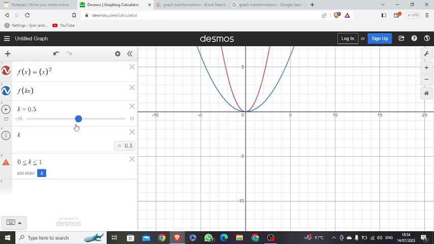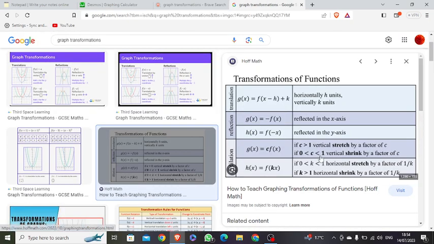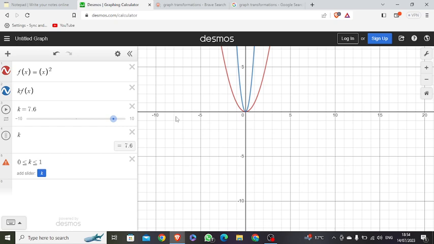Let me check this. That's strange. Oh, I see, it's a vertical stretch.